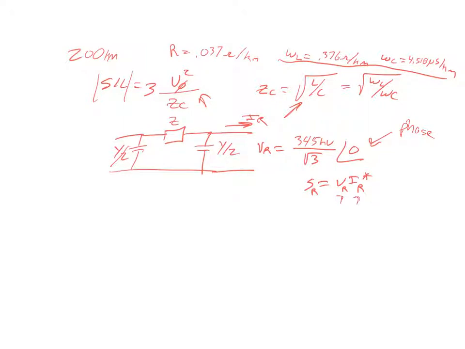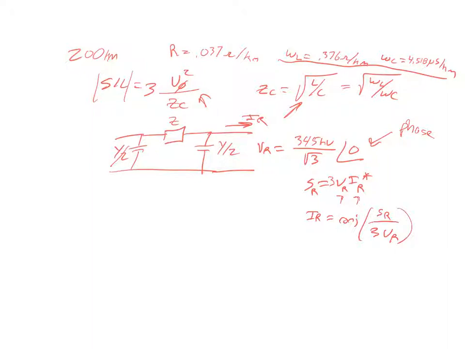This can be a line or a phase, but because of that, we need to multiply by 3 on the front end. Okay? So if we want to get three-phase quantities, we're going to set that equal to. So then we can solve for IR as equal to the conjugate of SR divided by 3 times VR.